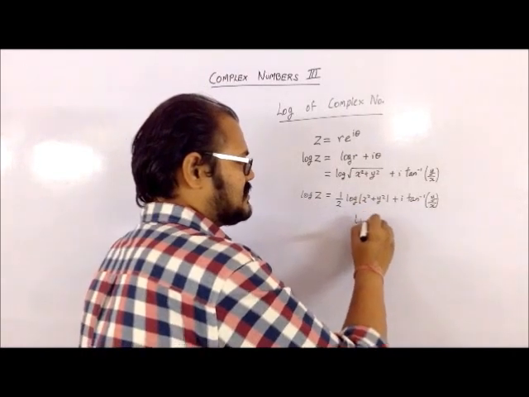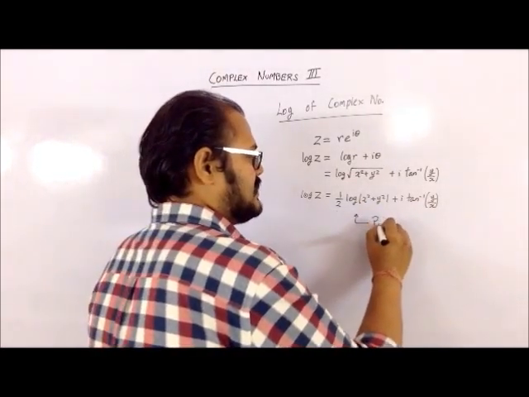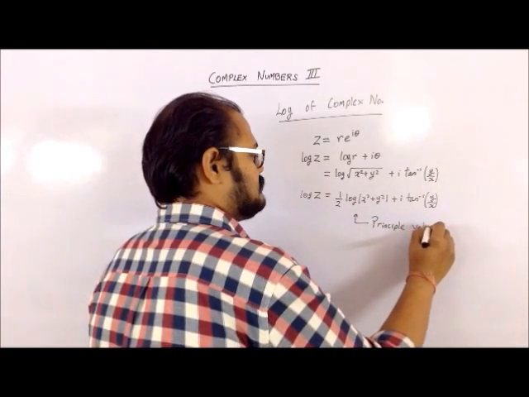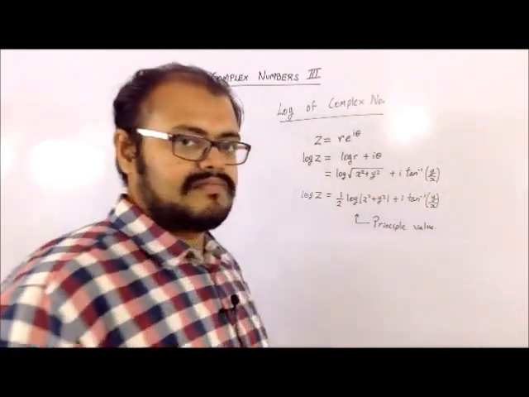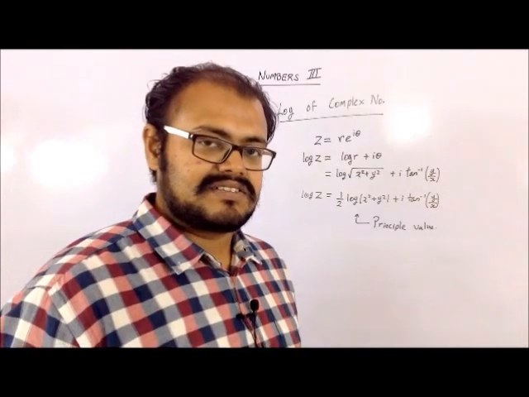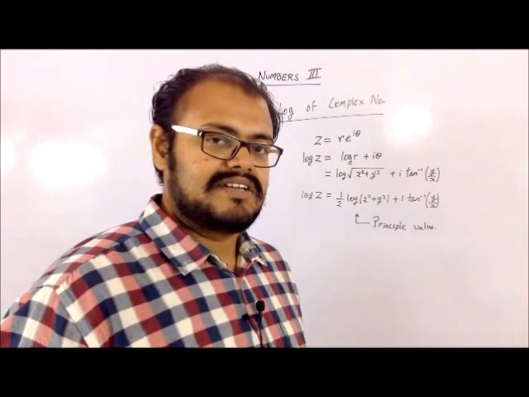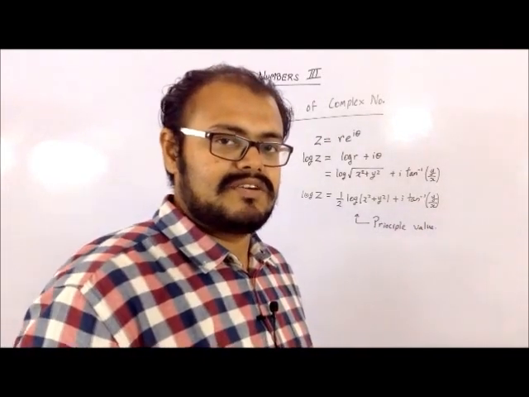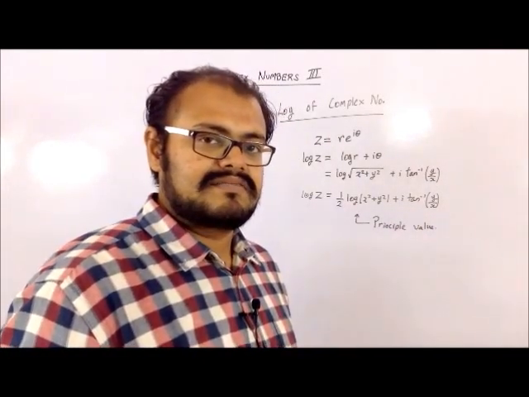Now this particular answer which you are getting, it is called the principal value. There is something other which is called a general value, because I know my thetas can be in multiples of 2n pi.